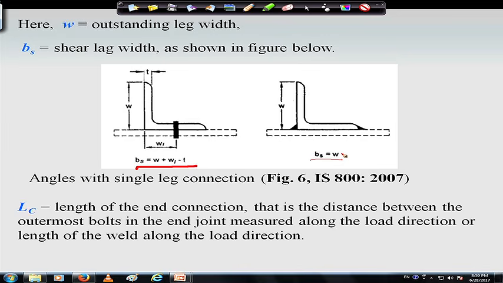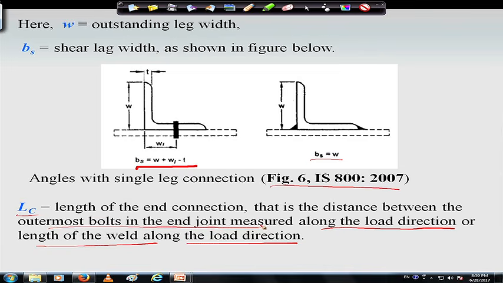This is given in Figure 6 of IS 800:2007, from which I am showing directly here, and Lc will be the length of end connection, that is the distance between the outermost bolts in the end joint measured along the load direction, or the length of the weld along the load direction.